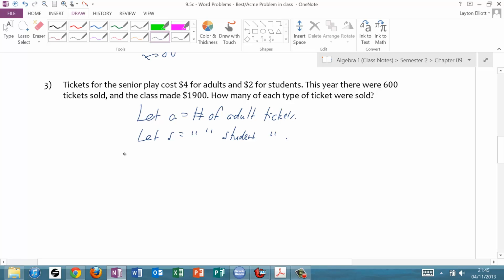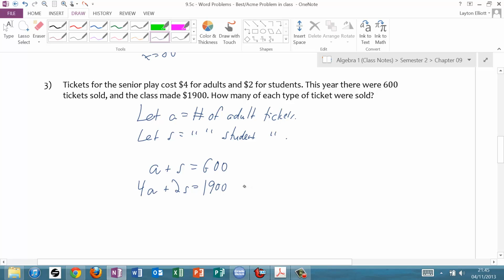We know that the A plus S equation is going to be 600, and we know that $4 times the number of A tickets plus $2 times the number of S tickets equals the amount they made, the $1,900.